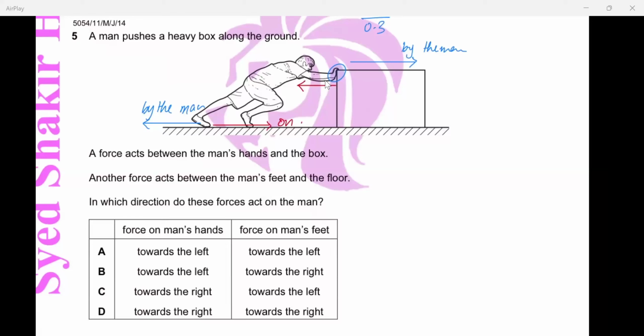This is the force on the man. So force on the man's hand will be to the left, because of Newton's third law, the forces are equal and opposite. So if the man is pushing the box to the right, the box will be pushing the man to the left. So force on the hands is to the left. It cannot be to the right. And then on the feet, it's to the right. Yes, it's B.